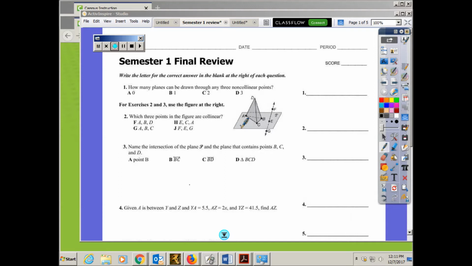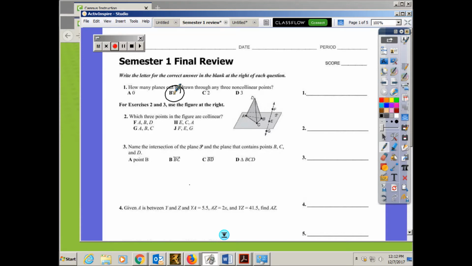So right from that list, it said through any 3 non-collinear points, there is exactly 1 plane. So you might want to write that. You may also want to come in at some point during lunch or after school, and I can show you exactly where those postulates and theorems are in the book, and you can write them down. But one of them says, through any 3 non-collinear points, there's exactly 1 plane. That's why it's B.